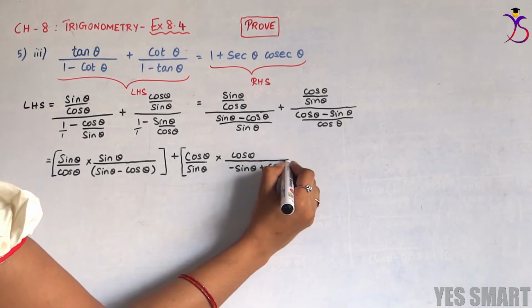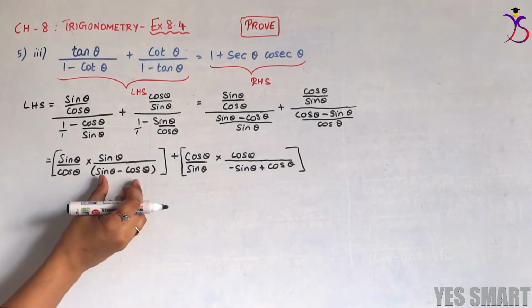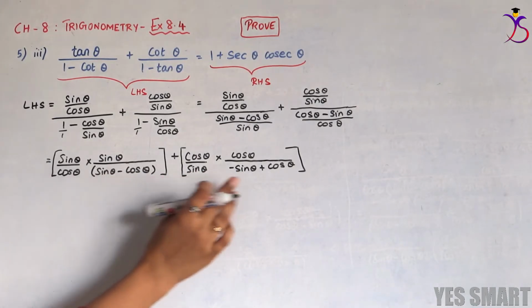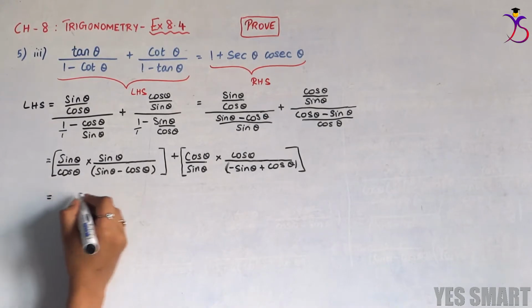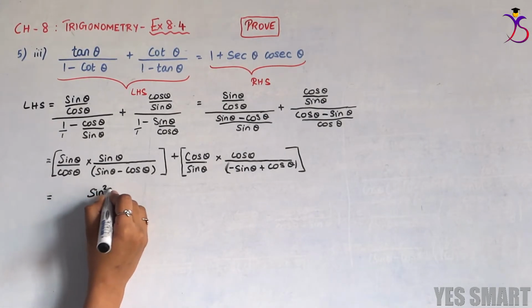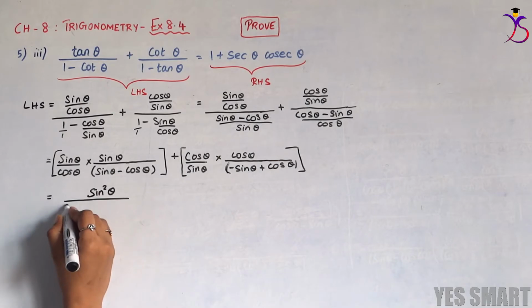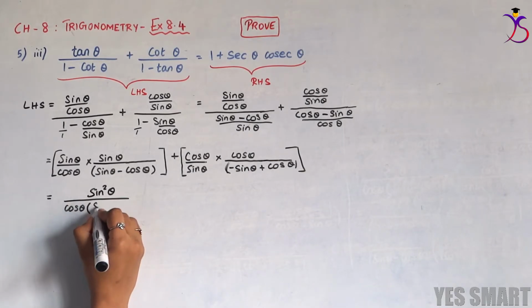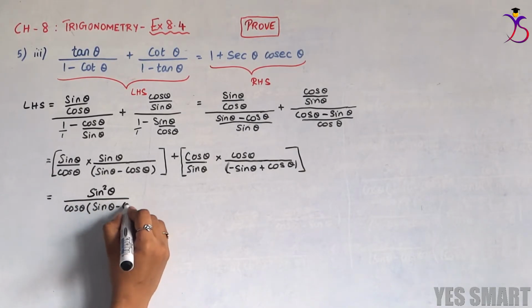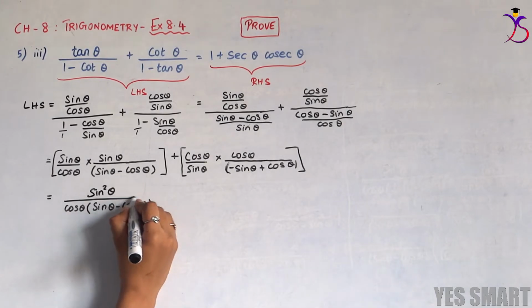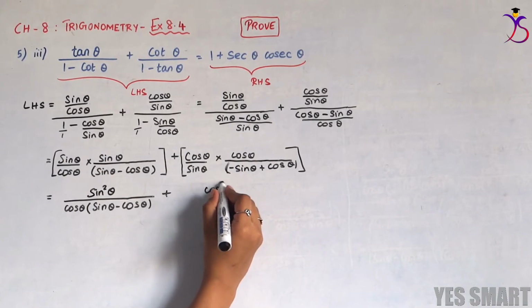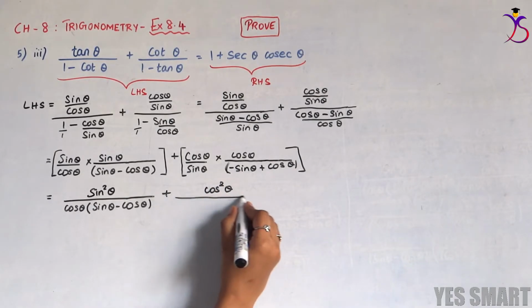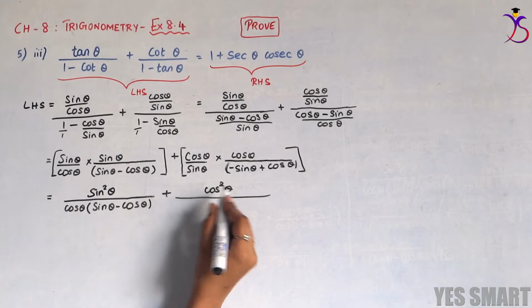Why I have changed is just to match and be in line with the first term denominator. So on solving further, we will multiply the numerator. Sin theta into sin theta is sin square theta divided by cos theta into sin theta minus cos theta, plus cos theta into cos theta is cos square theta divided by this minus, I am just bringing it out.